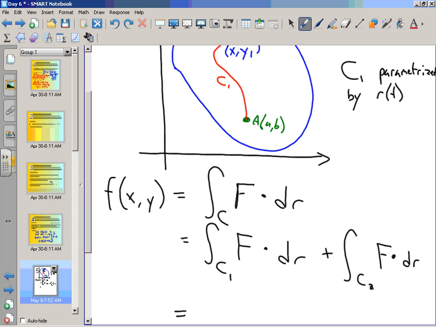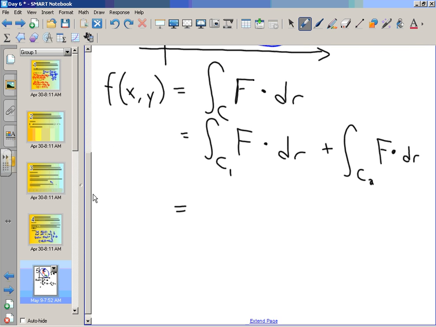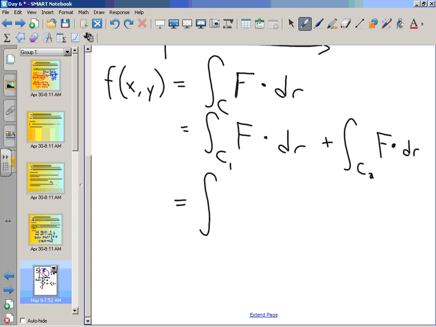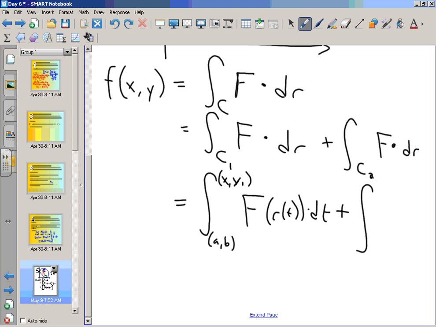And so what this would look like is the integral from (a, b) up to (x, y1). And then this is going to turn into the integral from (x, y1) to (x, y).